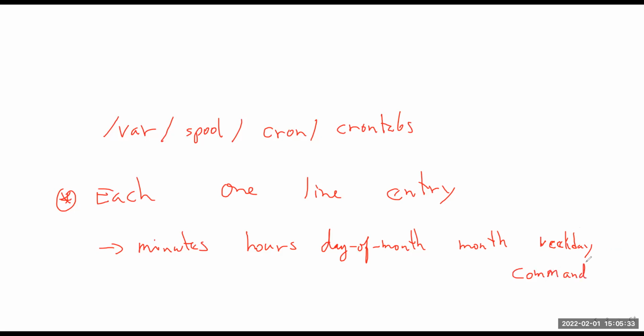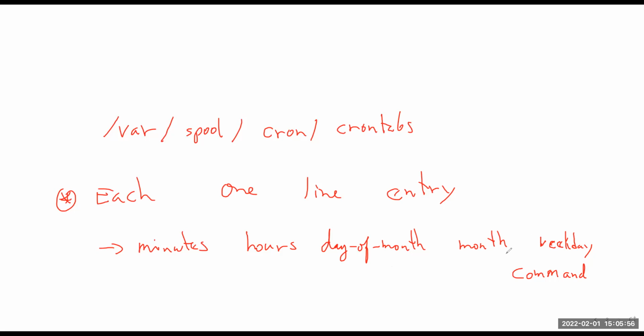So we have the command here, and every entry that you put into crontab is going to look like this. You have the command or the call to a script, and then the parameters that you have to specify. What day of the month do you want to run this? On what month?